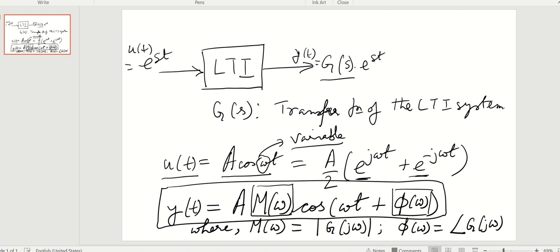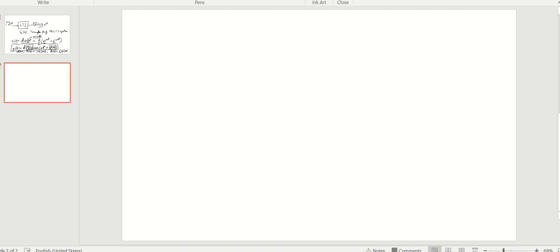All right. So before we move further, a couple of points that I would like to emphasize. First, notice that y of t is given by a times m of omega cos of omega t plus phi of omega.